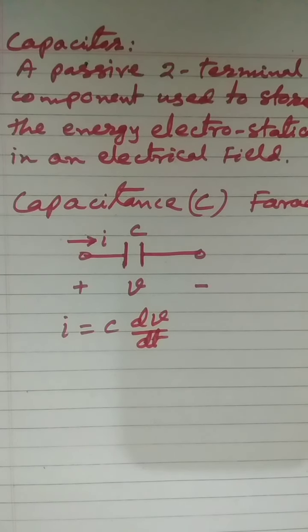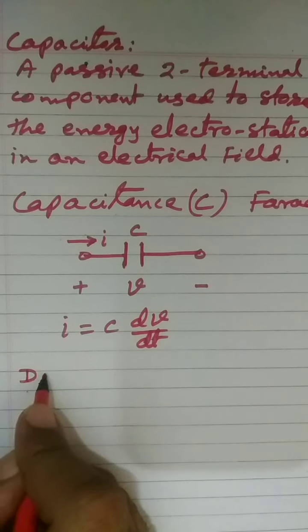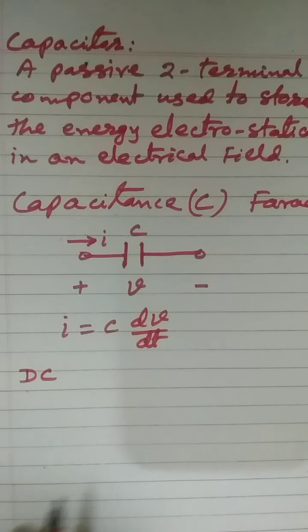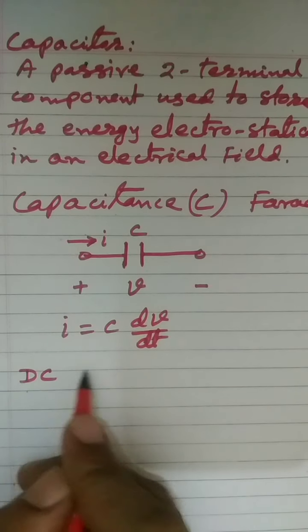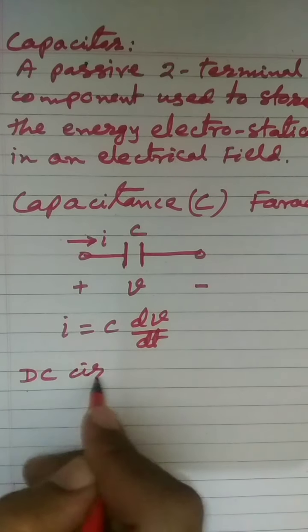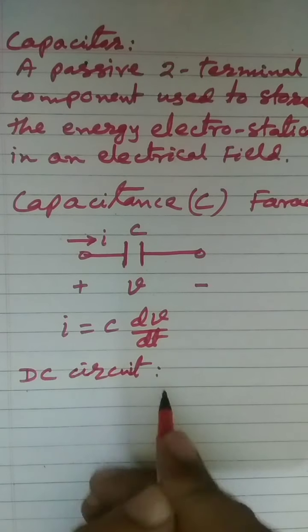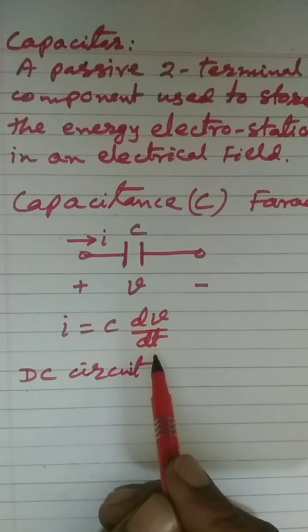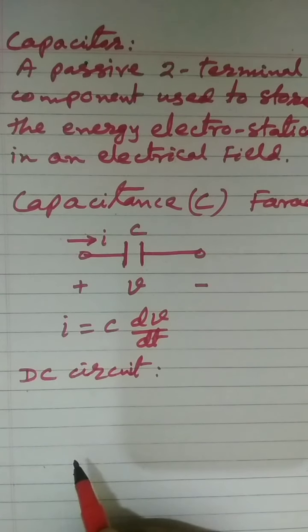Remember one thing, capacitor cannot be used in DC circuit, because if we use a capacitor in the DC circuit, then the voltage in the DC circuit is constant. So therefore dV by dt will be equal to 0, and then the current will be 0.